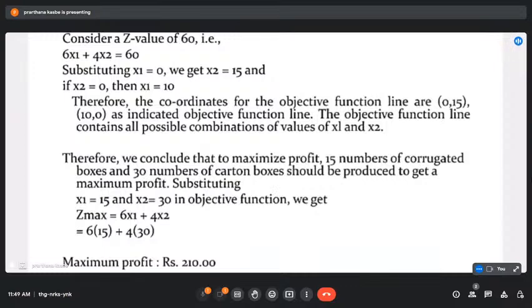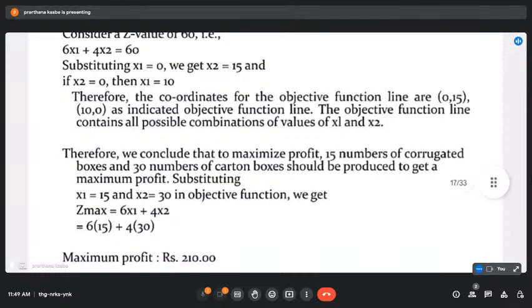The objective function line contains all the possible combinations of the values x1 and x2. Therefore, we conclude that to maximize profit, 15 corrugated boxes and 30 cartoon boxes should be produced to get the maximum profit.